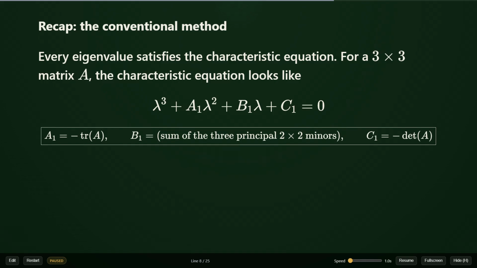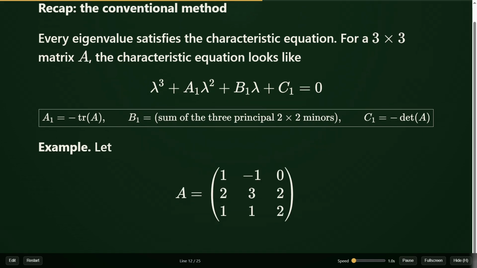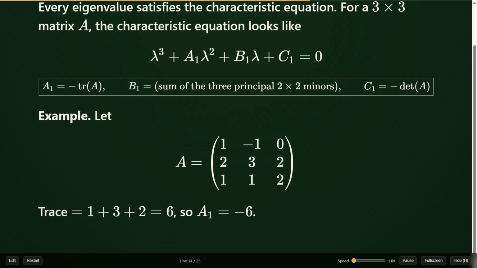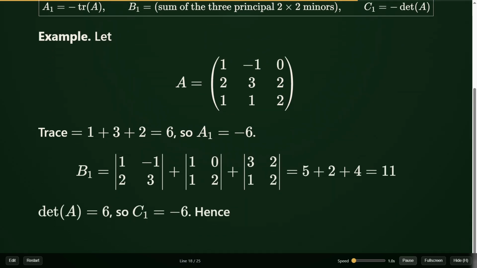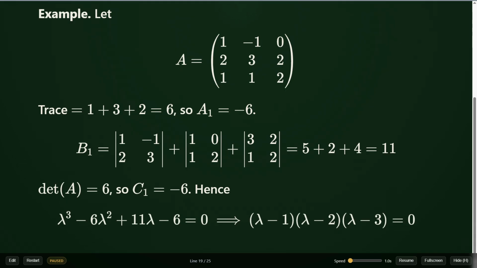So let us take the example. In this matrix A, we have trace equal to 6, therefore A1 is minus 6. We have sum of principal minors, B1, equal to 11, and the determinant of the given matrix is 6, therefore C1 is minus 6.